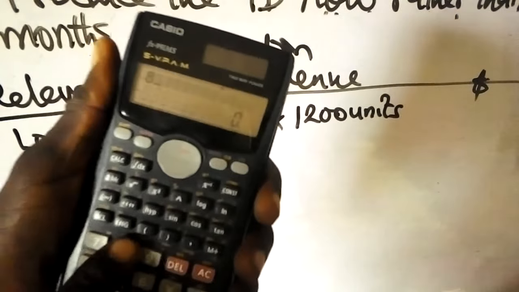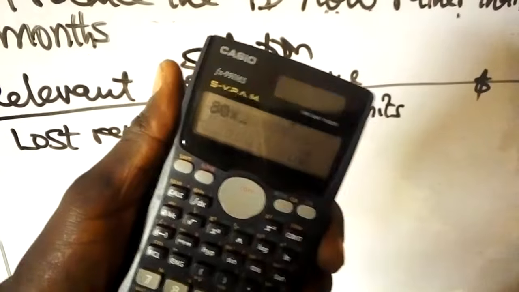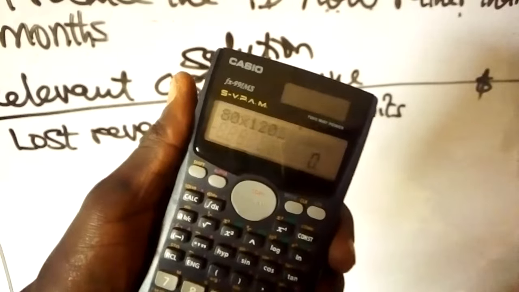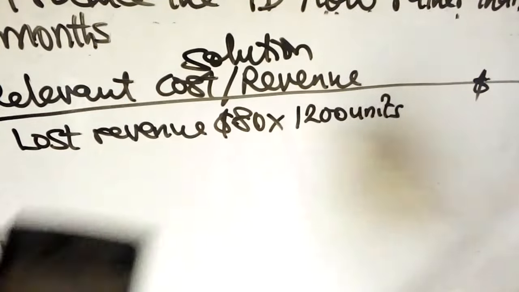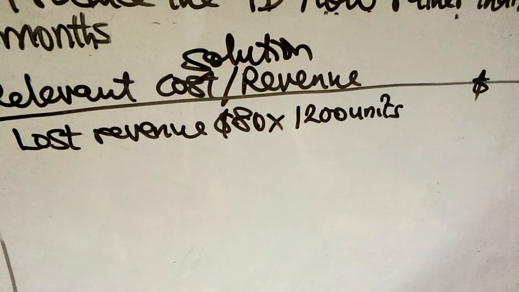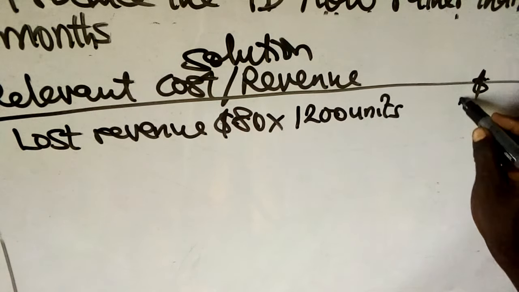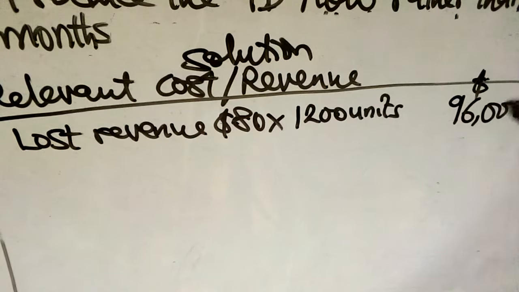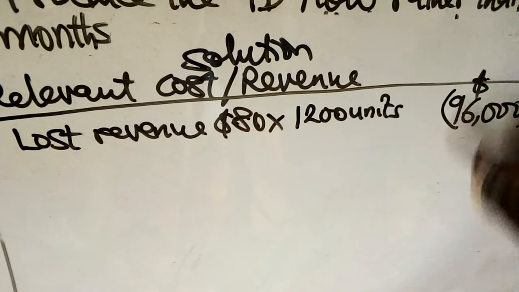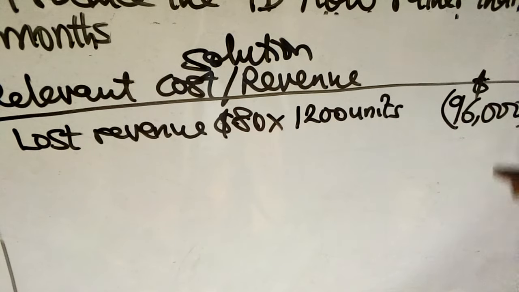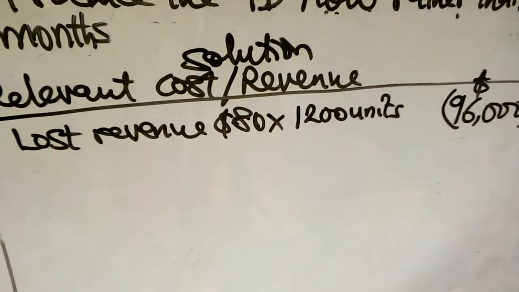So 80 times 1,200 will give us $96,000. But if you still continue with TD, you will still earn that revenue. So it is lost revenue. That is why I am treating that as an outflow, because it will be lost if you cease manufacturing TD now.